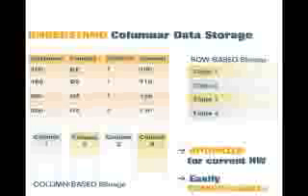Now the advantage with the column store is also that, let's say you have a customer, you're looking at master data in here. You have 1, 2, 3, 4 rows, but your actual storage of customers is only 3.